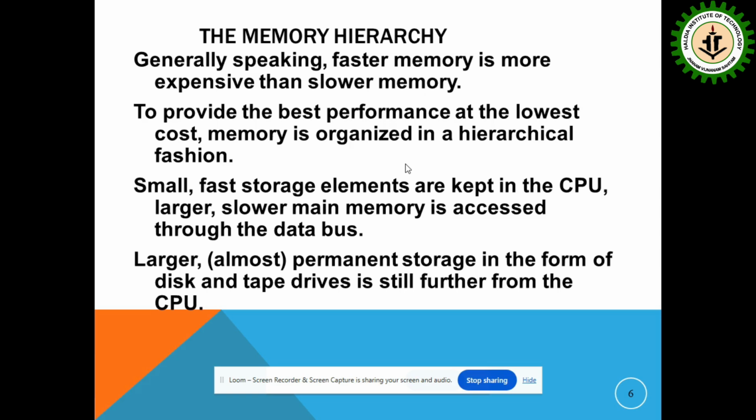To provide the best performance at the lowest cost, memory is organized in a hierarchical fashion. The small, fast storage elements are kept in the CPU. Larger, slower main memory is accessed through the data bus. Again, larger, permanent storage in the form of disk and tape drives is still farther from the CPU.